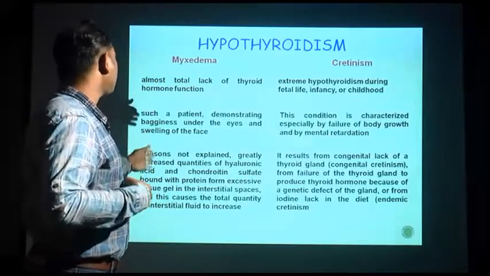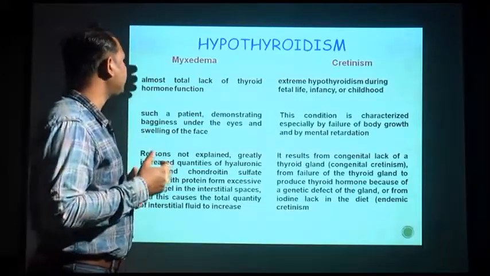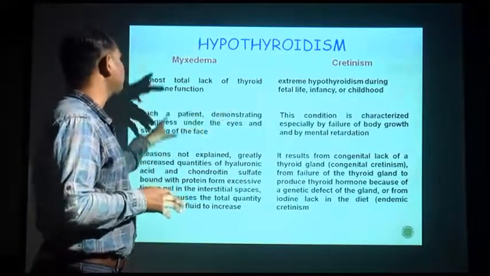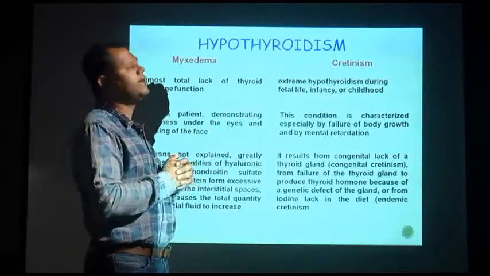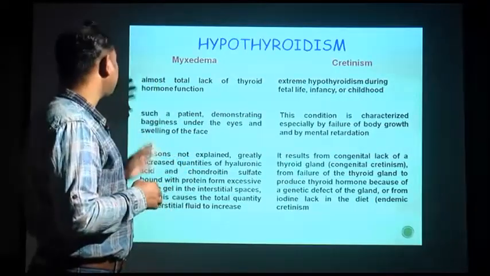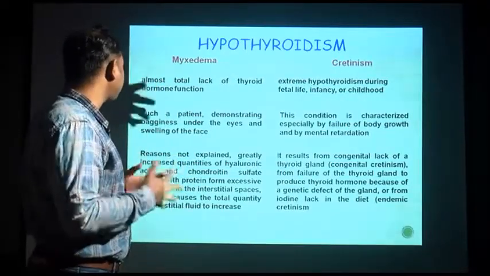Then if you come to the reasons for myxedema and cretinism, under a broad term you can say that these 2 diseases or disorders happen due to hypothyroidism, but the actual reason for myxedema is not yet explained.